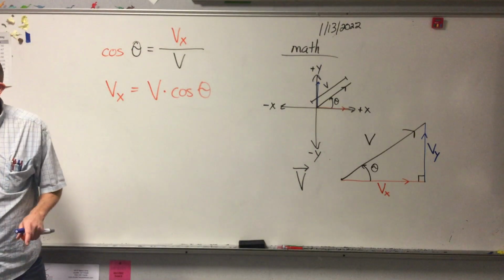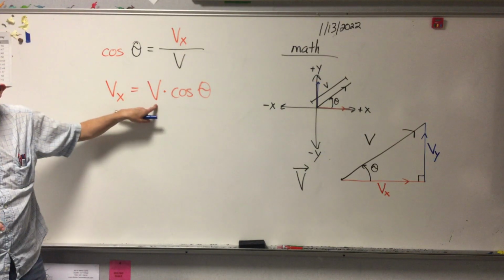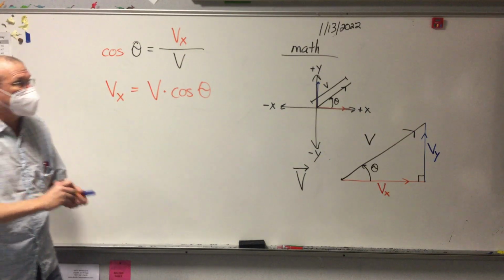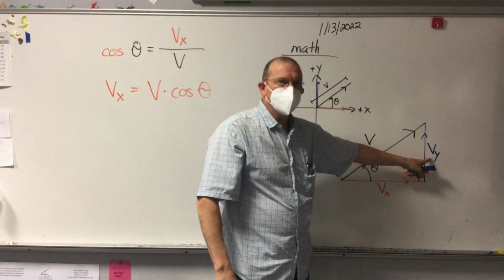When you are given information about vectors, you're given those two pieces of information. Okay? Now if we go back and look at this again, what about this one?